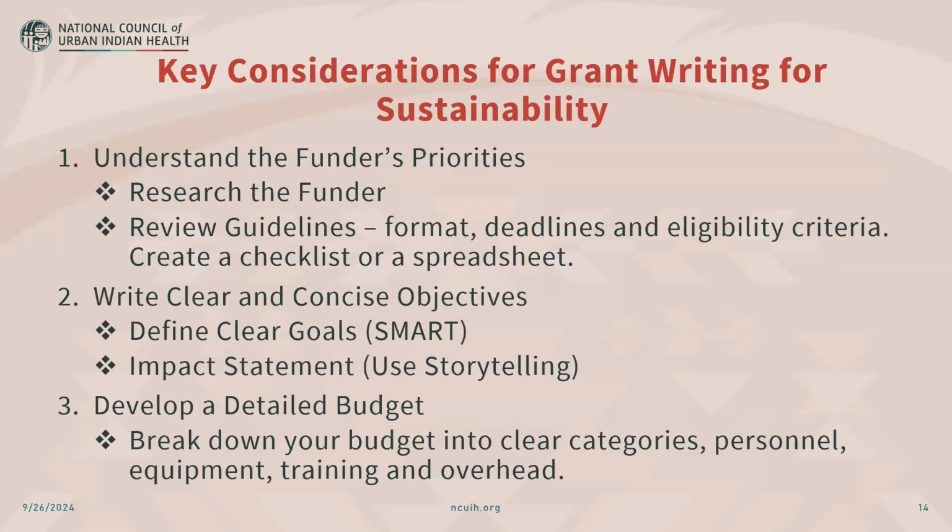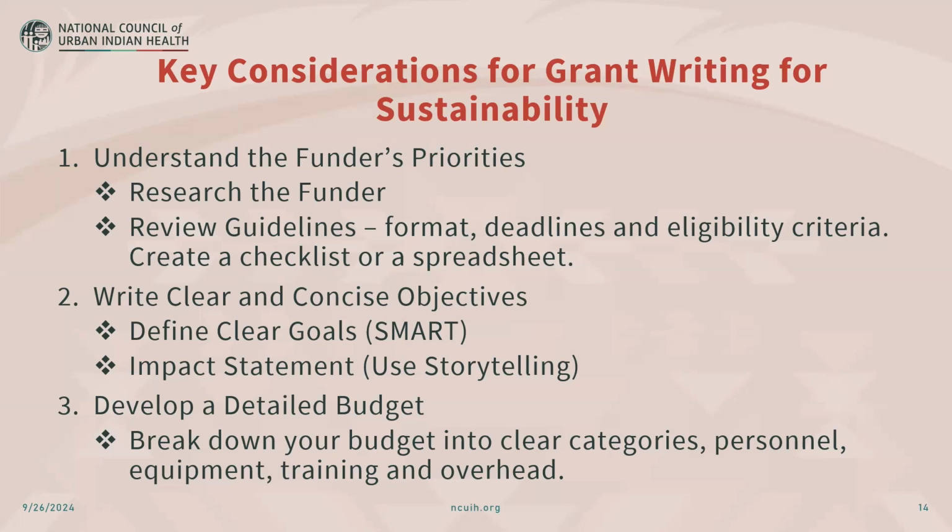When writing grants for sustainability, it's essential to focus on 3 key considerations. We first understand the funder's priorities by thoroughly researching the funder and reviewing all the guidelines, including the formats, deadlines, and eligibility, creating a checklist or a spreadsheet that can help ensure that you stay on track.